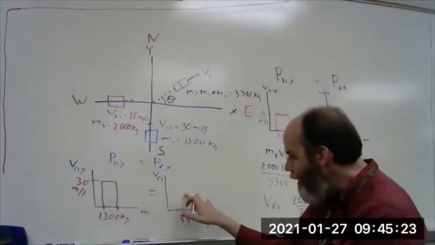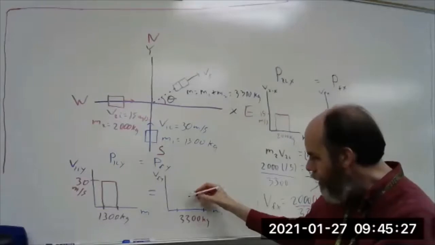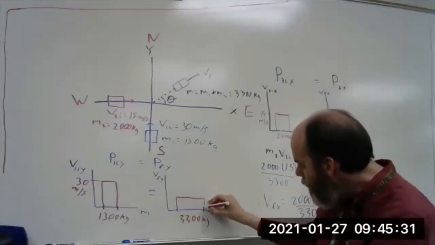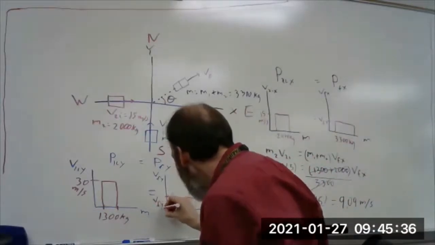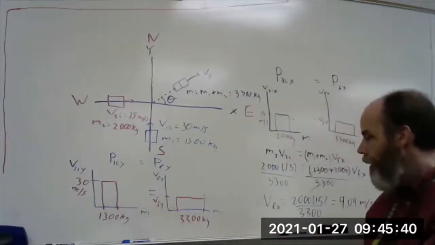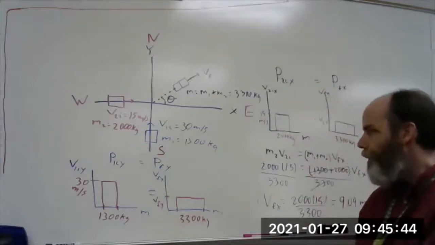The areas have to be equal. Since the width is larger, the height is going to have to be smaller. So let's say it's something like this, and this is the final y. That's what we're trying to find. So these two areas are equal. Now we can write the conservation of momentum equation.